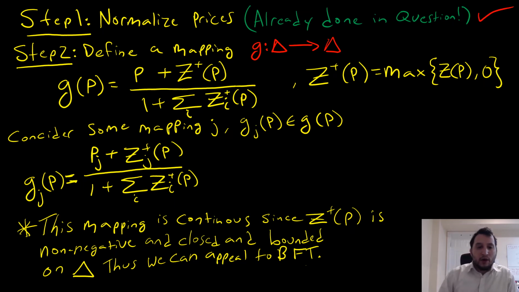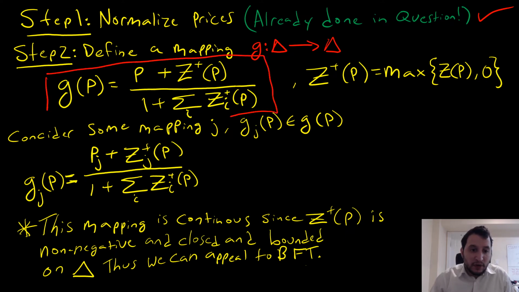Next, we're going to define a mapping G, which takes values from our price vector and maps it to itself. We're just going to pick what this function is going to look like, and it's going to be defined as follows. With this z plus, which is defined as this vector here, which chooses the maximum value between excess demand and 0.